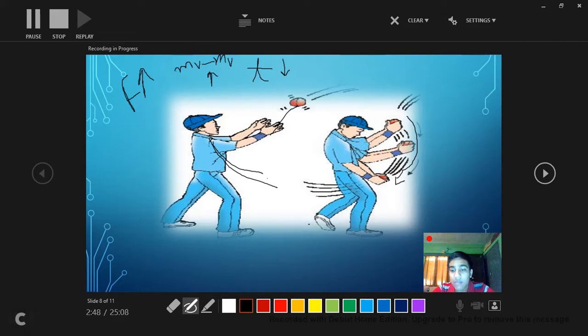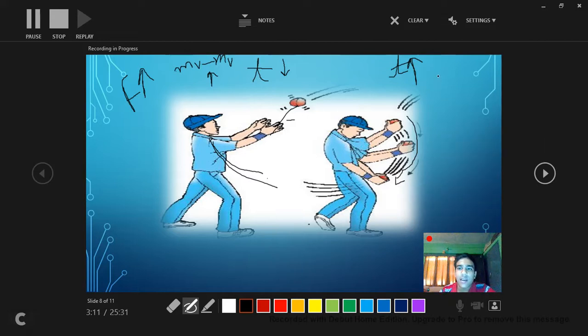Now let us see what happens when the hand is put down and then the ball is caught. Is time increased or not? Time is increased. Why? Because when you catch the ball at this distance, it takes less time to reach your hands, and here the time taken is more.